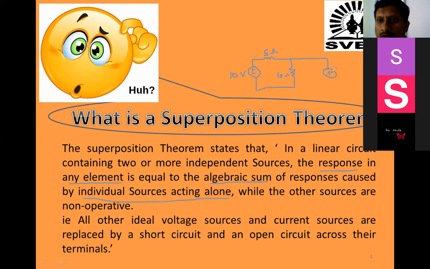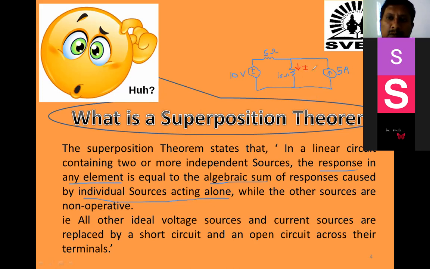Suppose this is the current source, and the current source will be 5 ampere. And I will find out the current passing through 10 ohm. That current I will name as I. The question is: find out current I which is flowing through 10 ohm using superposition theorem. So this is the one example.